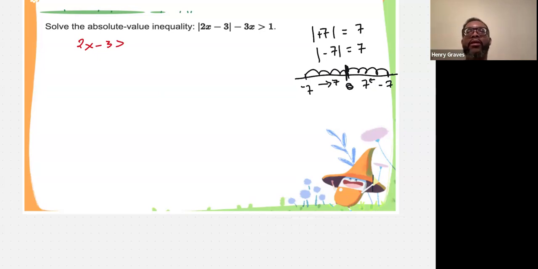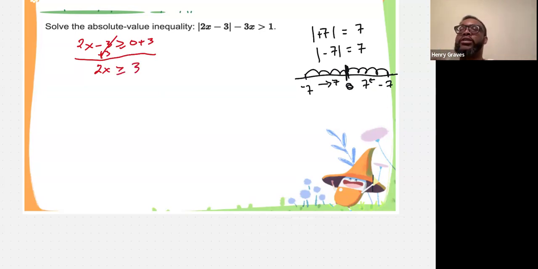My first case is to see what I get when I solve my inequality. So I'm going to go ahead and add 3 to both sides. So 2x is greater than or equal to 3. Now I'm going to divide both sides by 2.